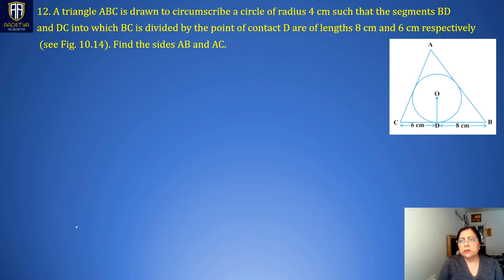So next is, this is a very interesting question. In the beginning, we need to join these points and this also.